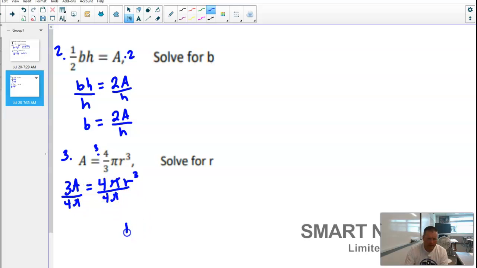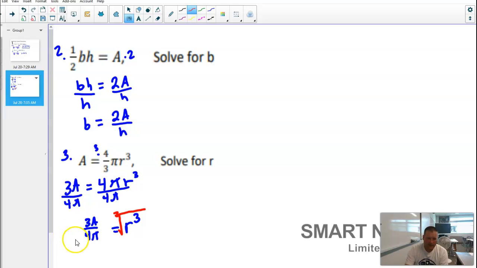And then I've got this r cubed is the only thing I have left here because this just gives me 1 r cubed. And then over here, I'm just going to leave it as 3A over 4 pi because it's all divided by that. Now the trick is to get rid of this cube. To get rid of a cube, we're going to use a cube root, guys. I'm going to use a different color so you can see this, so you know what I'm talking about. Cube root is the root with the little cube here.